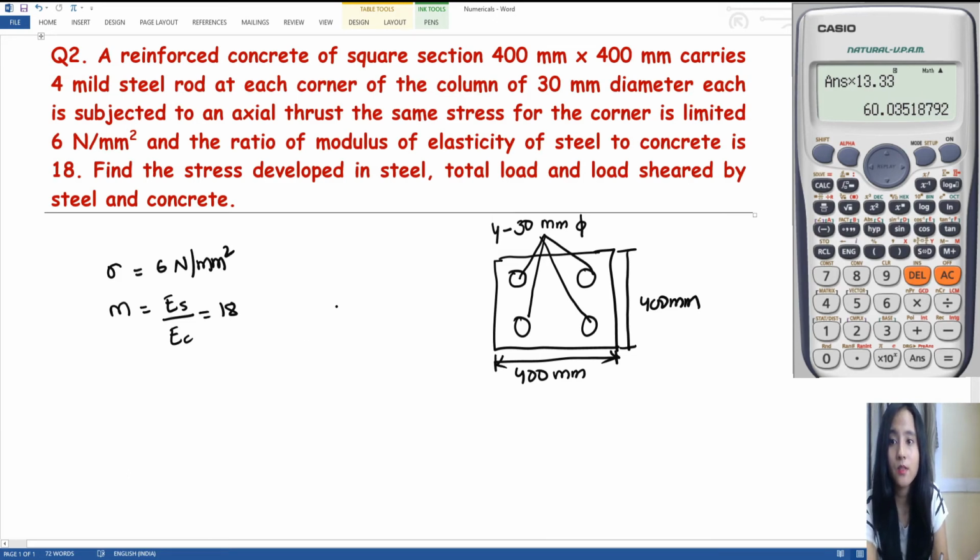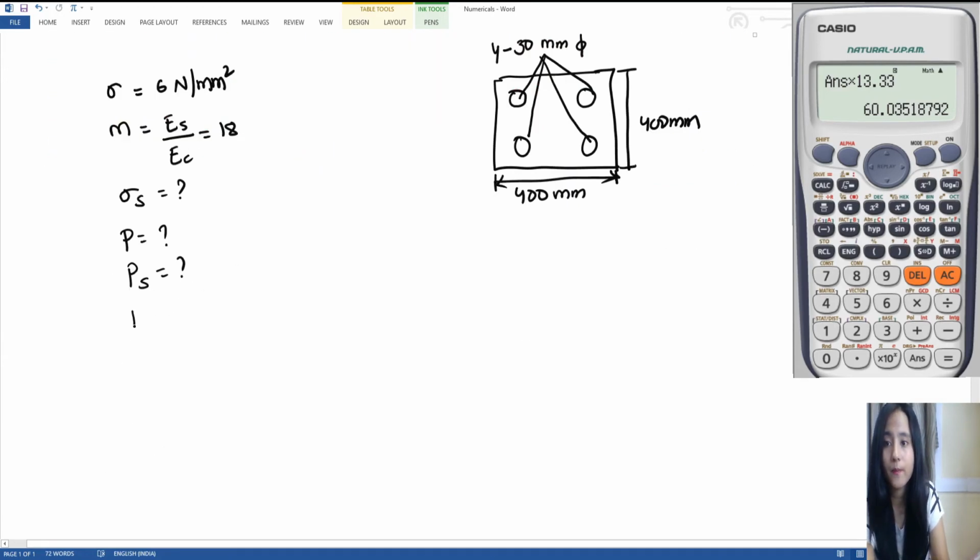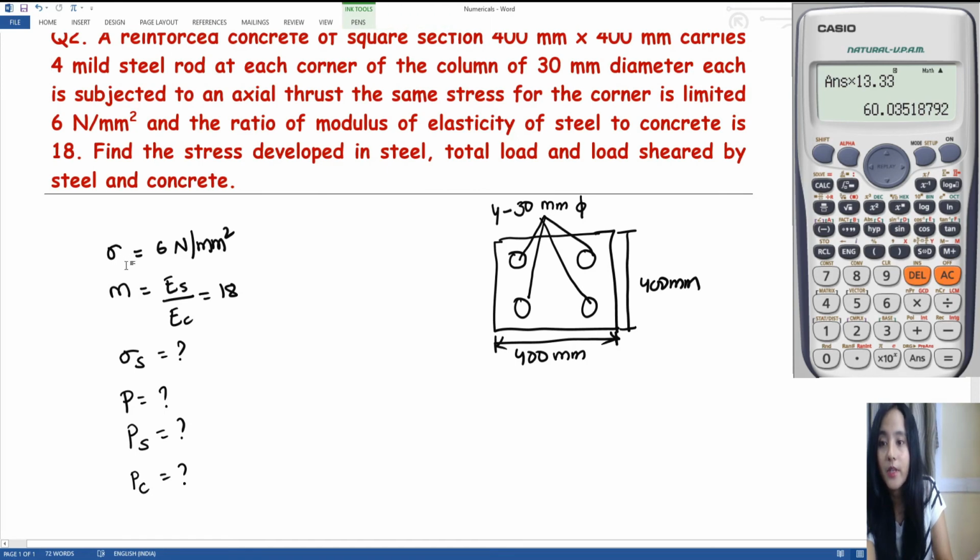So find the stress developed in steel and total load P. We need to find P. Then next, load shared by steel and load shared by concrete. The stress that is given here is the stress induced due to concrete, sigma C, right?